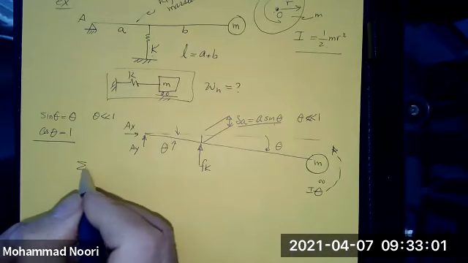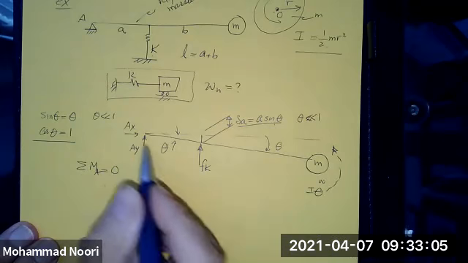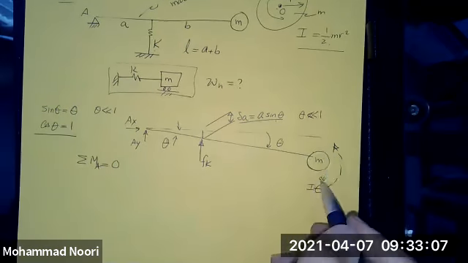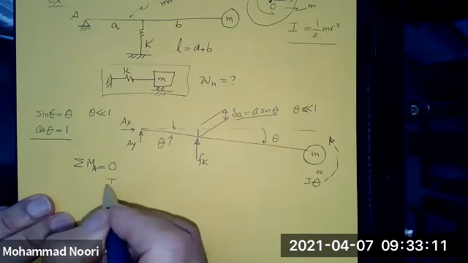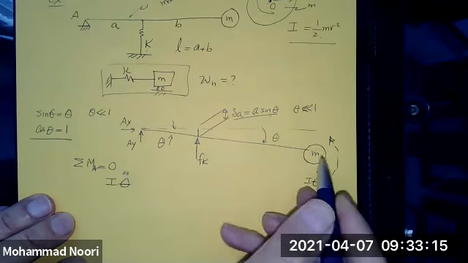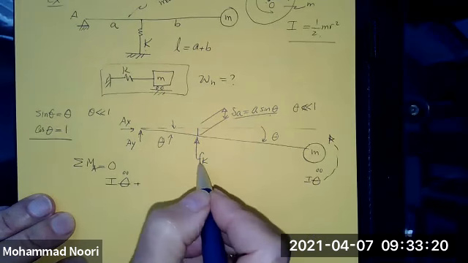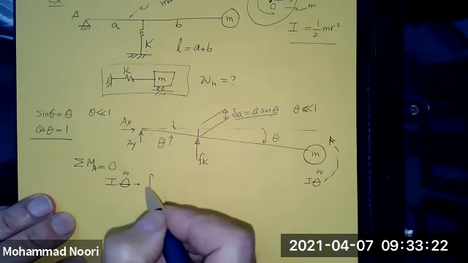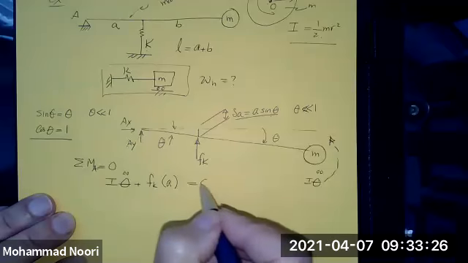Therefore, I use the second law, and the summation of moments about A is equal to 0. If the D'Alembert force is put this way, this is a static problem. So add up all the moments: I theta double dot, plus the moment of this force about point A, so F of K times a, is equal to 0.